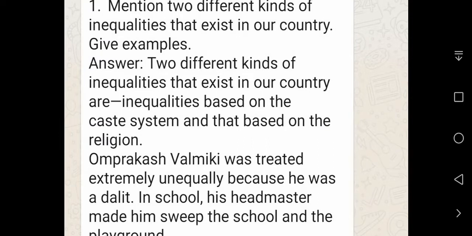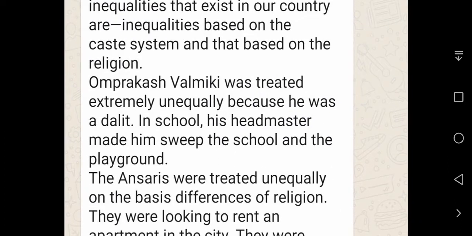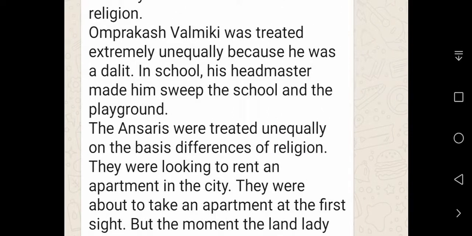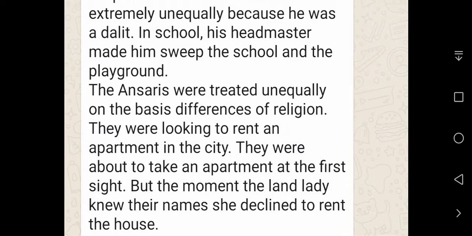As you see in the Om Prakash Valmiki story, he was treated extremely unequally because he was Dalit, and the headmaster also made him sweep the whole school and playground. Second, the Ansaris were treated unequally on the basis of religion.